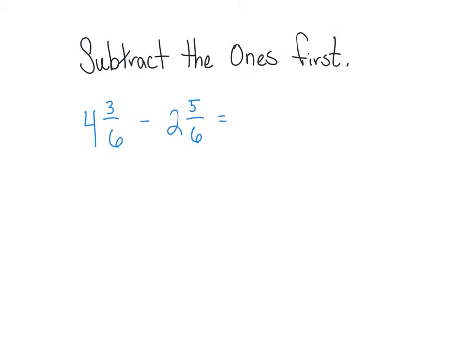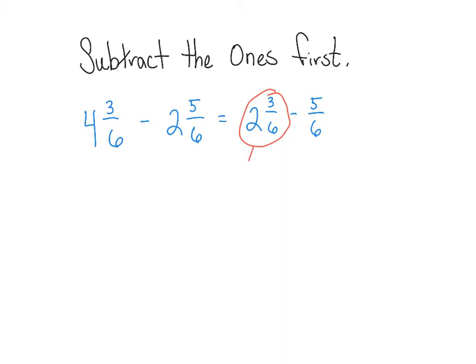Subtract the ones first. All right, so 4 3/6 take away 2 5/6. We want to subtract the 2 wholes, so 4 minus 2 is equal to 2, and 3/6 minus 5/6. All right, so now what we want to do is decompose 2 3/6.